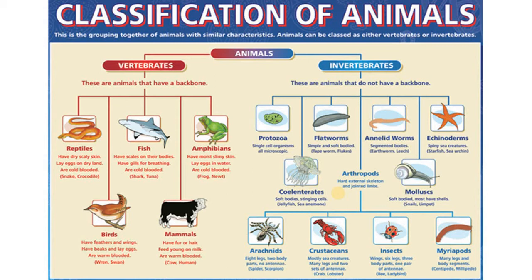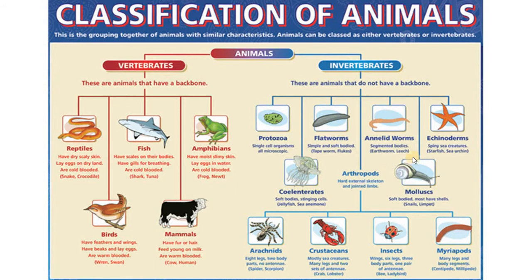Vertebrates are also subdivided into 5 major groups, which are the reptiles, fish, amphibians, birds, and mammals. Invertebrates are also subdivided into various subgroups. So far we have learned on annelids, echinoderms, mollusks, and arthropods.